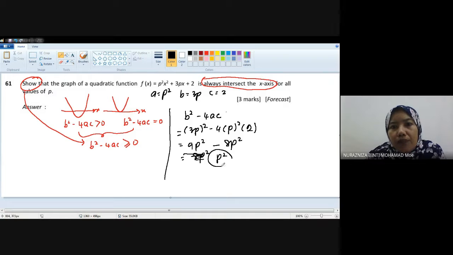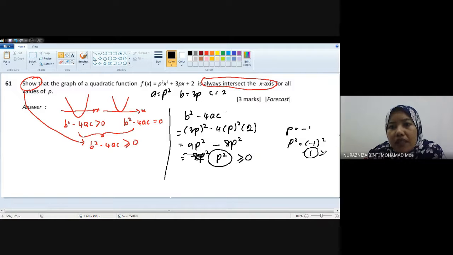So p squared is greater or equal to 0. Any number that we square will be a positive number. If for any value of p, if p is a negative number, let's say p is equal to negative 1, if you do p squared, it will be negative 1 squared, so you get positive 1.